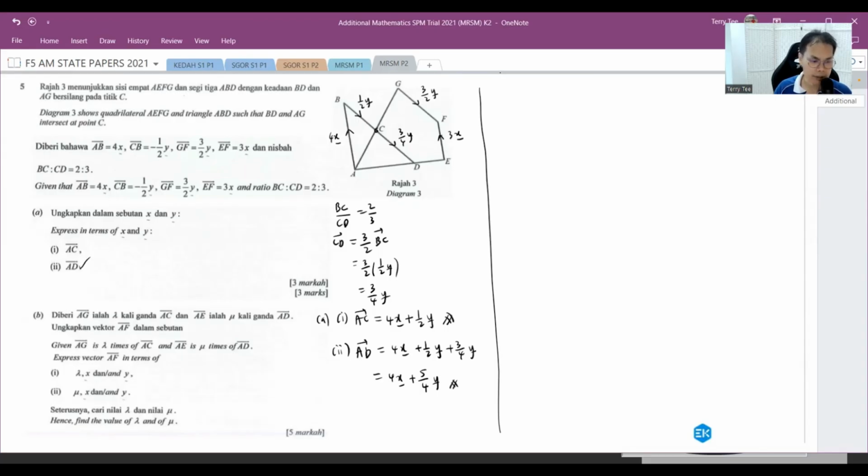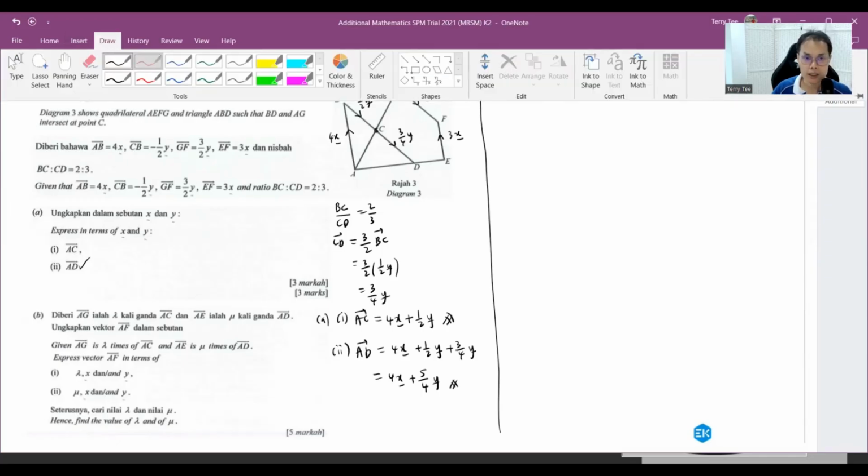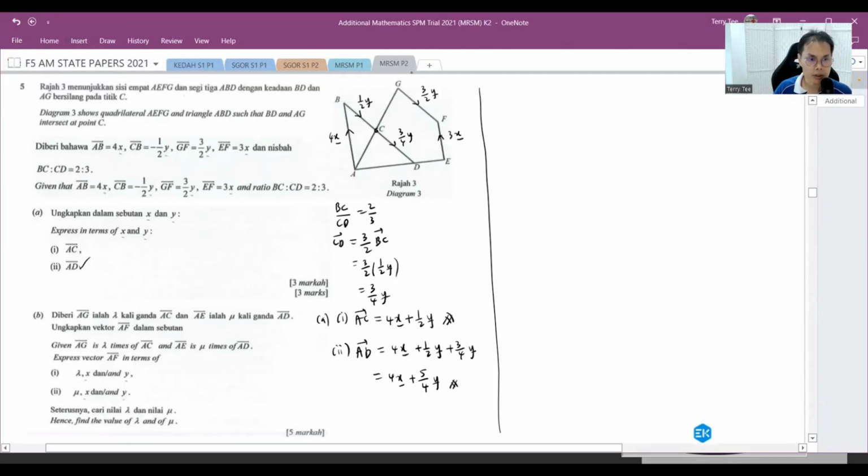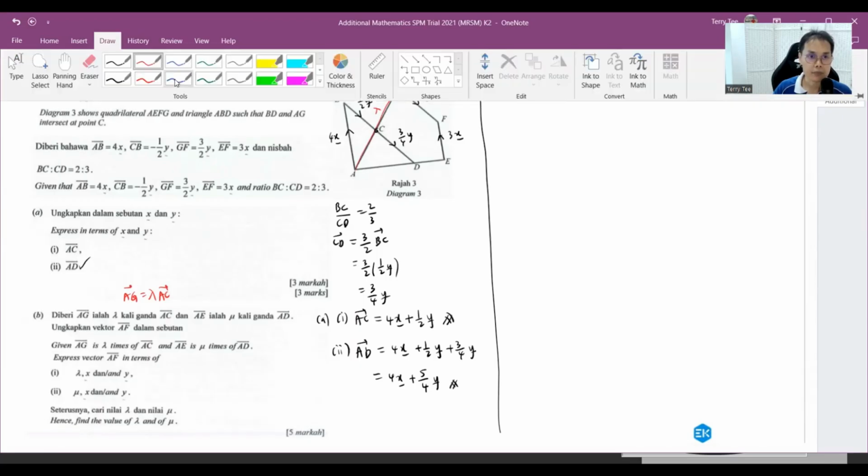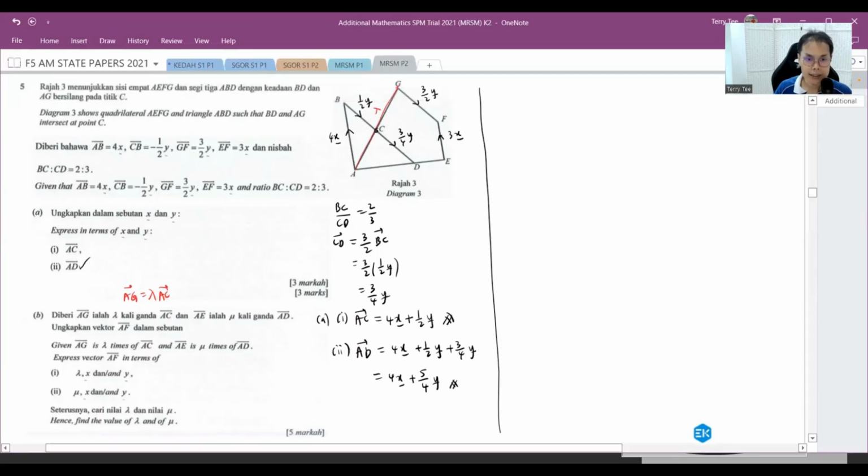We know we have to use AG equals lambda AC. So we already know AC, lambda times that. And the second one is your AE. AE is mu times of AD. So both are going to AF.